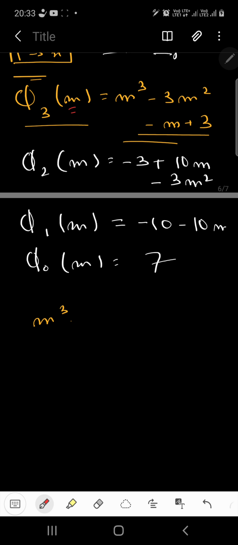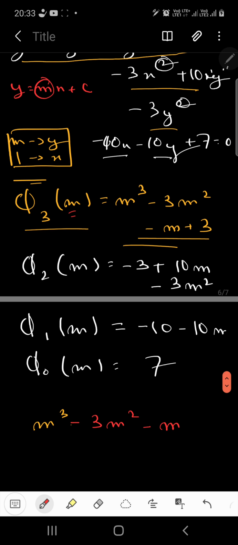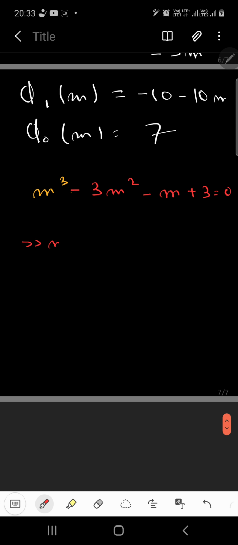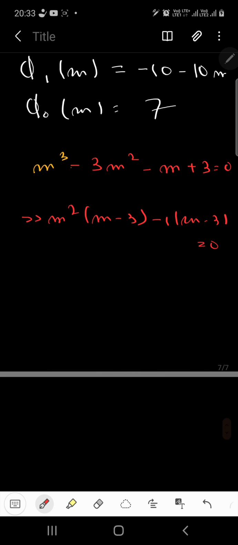So m cube minus 3m square minus m plus 3 equals 0. From here you get m square times m minus 3 minus 1 times m minus 3 equals 0.